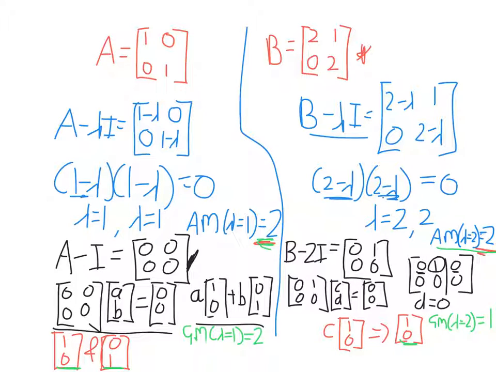So that means B is a defective matrix because the geometric multiplicity is less than its algebraic multiplicity. The idea behind a defective matrix is that when we have an n by n square matrix, we can have a case where that matrix has n linearly independent eigenvectors.